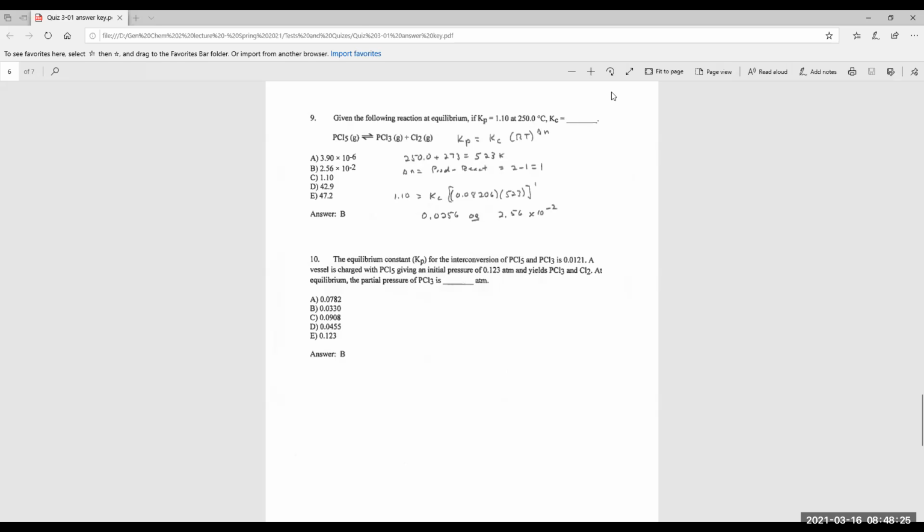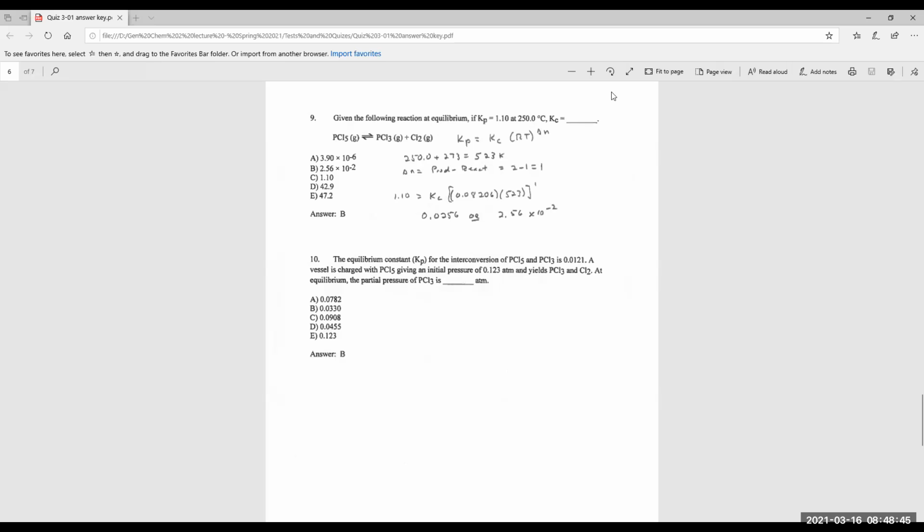Hopefully you remember that there was this relationship between Kp and Kc that told us that Kp equals Kc times the gas constant times the temperature in Kelvin raised to the difference in moles between products and reactants.